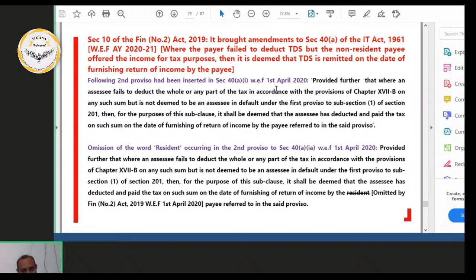For example, remember, this relaxation is available only where TDS is not deducted at all. Where you have not deducted TDS to a non-resident on a sum payable to a non-resident. Even though you have not deducted, but he has offered that in his computation, he has paid the necessary tax, he has filed the return under 139, and you obtained a chartered accountant certificate saying that all the conditions are satisfied.